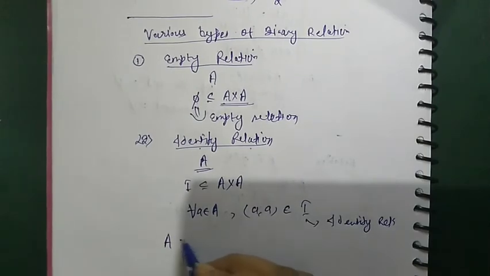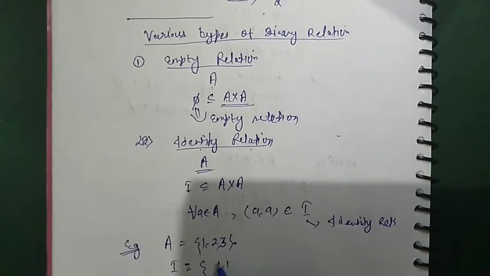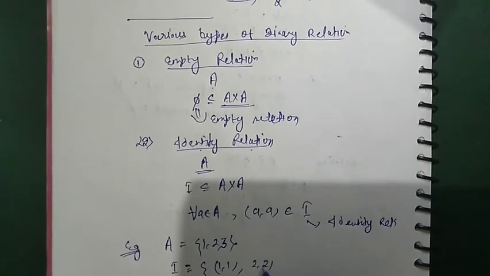To understand clearly, we are taking here an example. Say A is equal to the set containing 1, 2 and 3. Then the identity relation can be given as (1, 1), (2, 2) and (3, 3). So for all elements from A, here for the first element 1, in this identity relation (1, 1) will come. For the second element 2, (2, 2) will come.